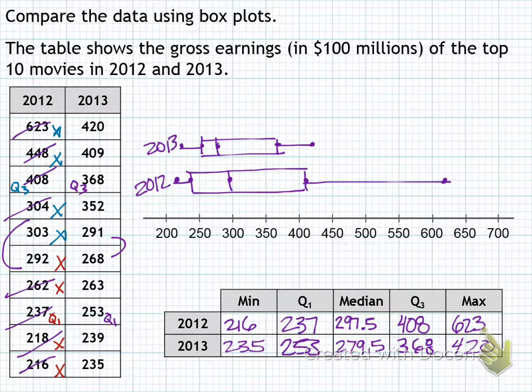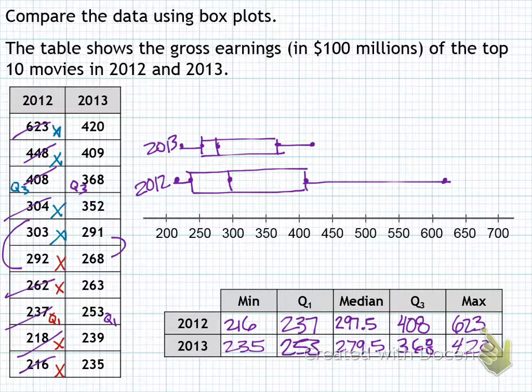I could also see that the data looks somewhat similar if I look at the table, but really these last two for 2012 really just push the data over the top. Otherwise, it actually does look pretty similar.